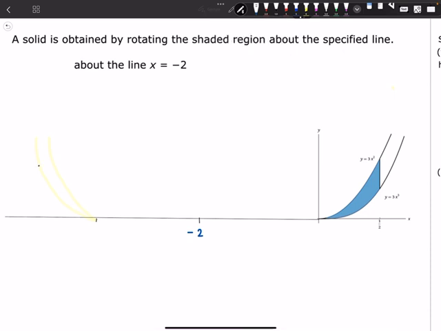So if we take this region on the right and we rotate it, it is going to kind of end up somewhere over here. So like this little region over here, right?